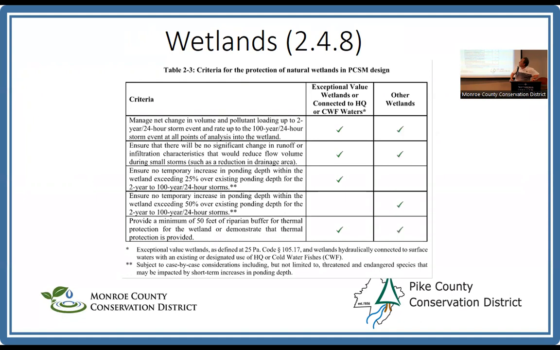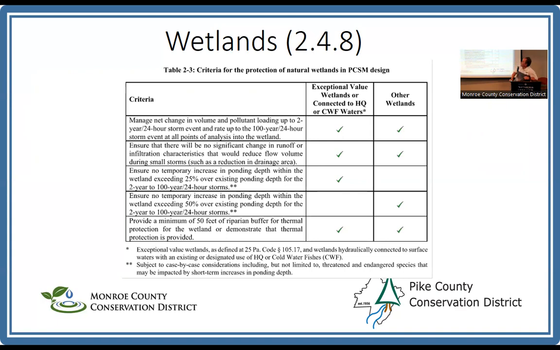So again, here are some of the things. Manage net change in volume. That's pretty standard stuff. Ensure there will be no significant change in runoff or infiltration characteristics that reduce flow volume during small storms. Again, that's looking at changes in hydrology, significant changes to wetlands.